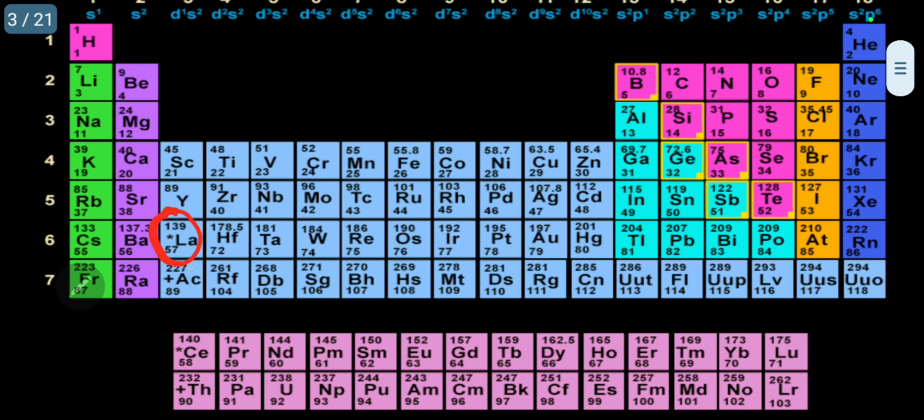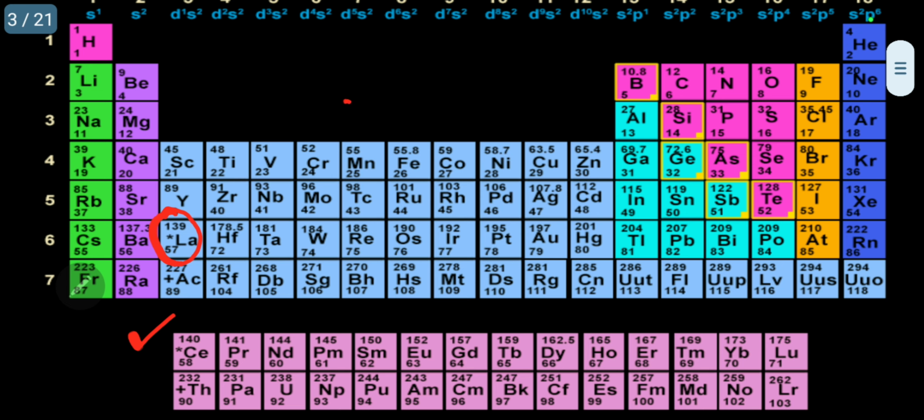So after 57, the next is hafnium, 72. The remaining elements given below, starting from cerium, are called F block elements.